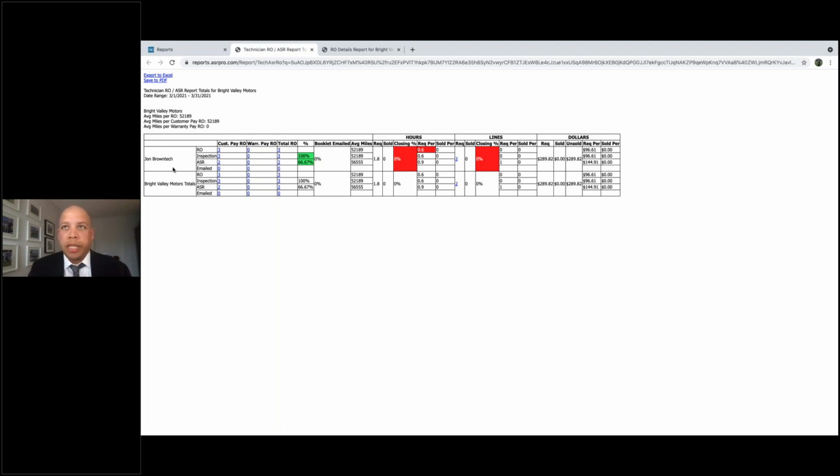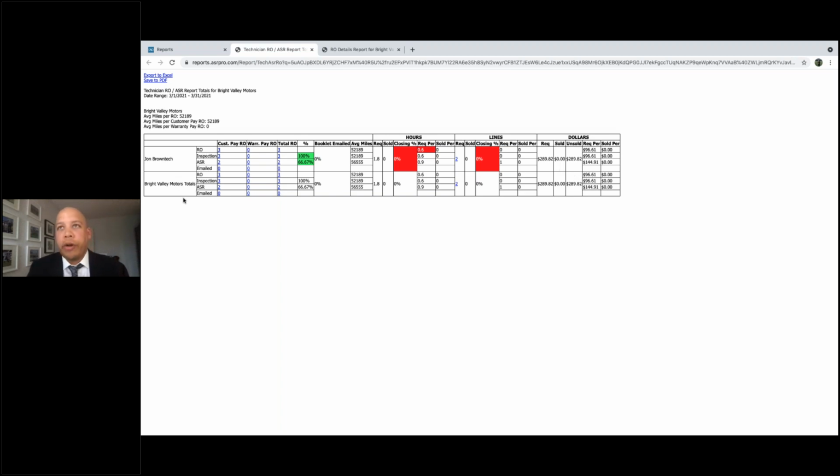So what this shows is a technician, how many ROs the technician had, he or she, and it shows you how many they inspected, how many had upsells on them, how many were emailed out, et cetera, et cetera. Shows you average mileage. So this, 50,000 miles. Shows you how many hours were requested, sold, not sold.